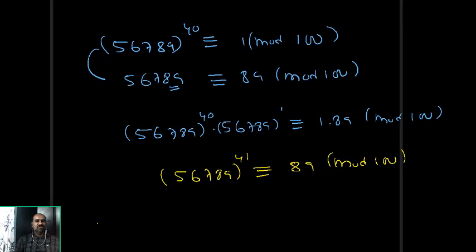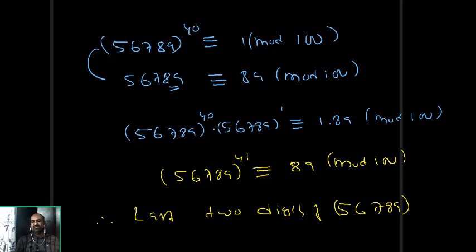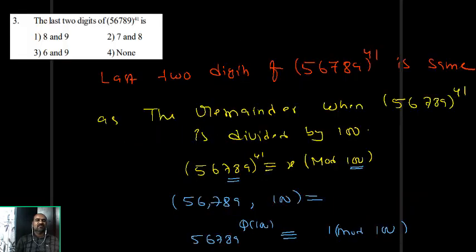It means the last two digits of 5789 power 41 are 8 and 9. Super question, excellent. 8 and 9. My answer is the first option.